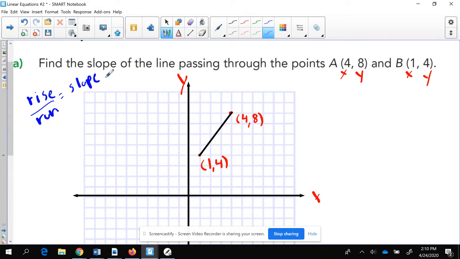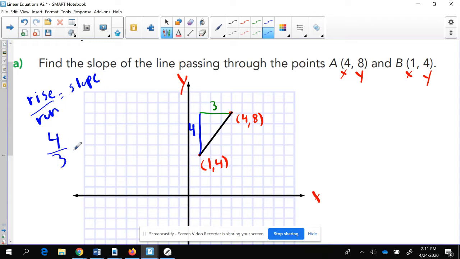And you can use that here. Just make your own graph, and let's solve that. So let's solve rise. We're going to go up 1, 2, 3, 4. So we're going to rise up 4, and we're going to run over 1, 2, 3.